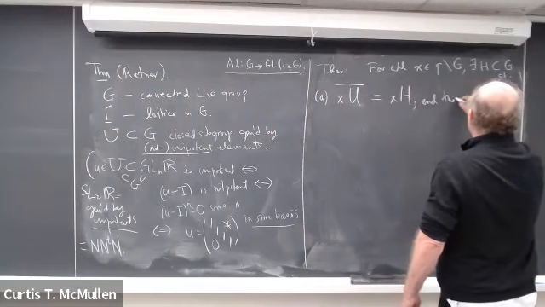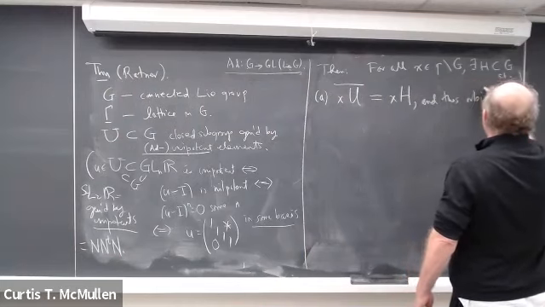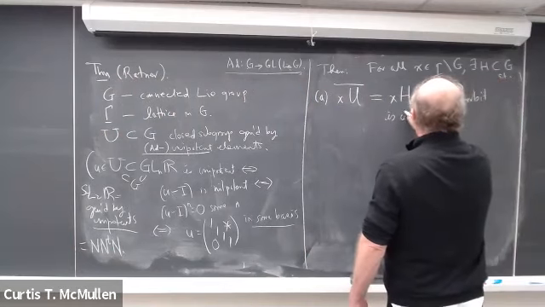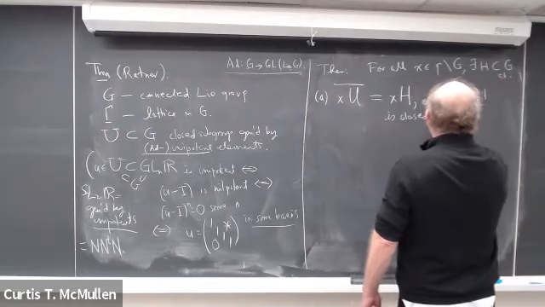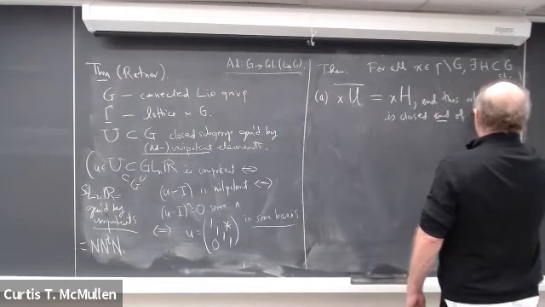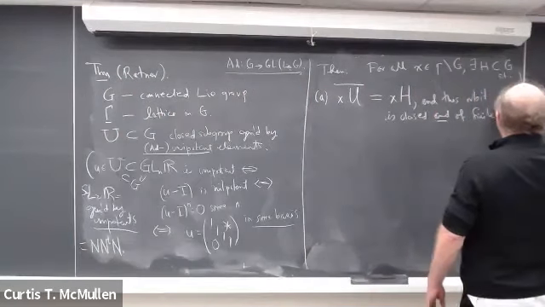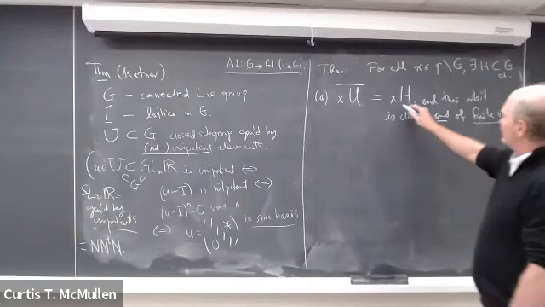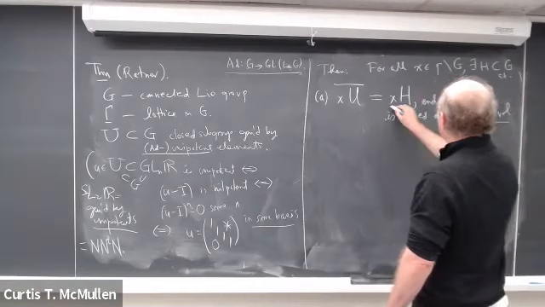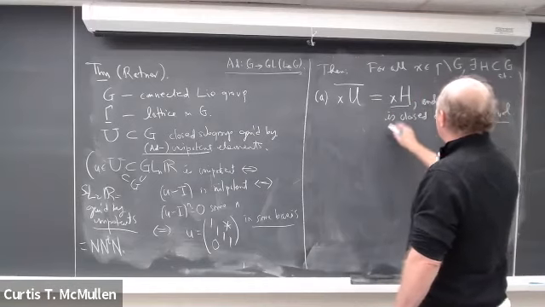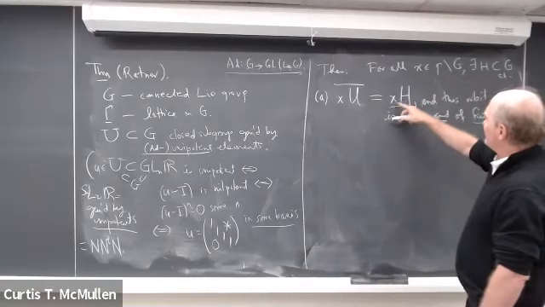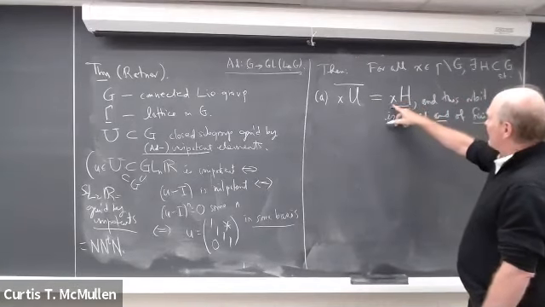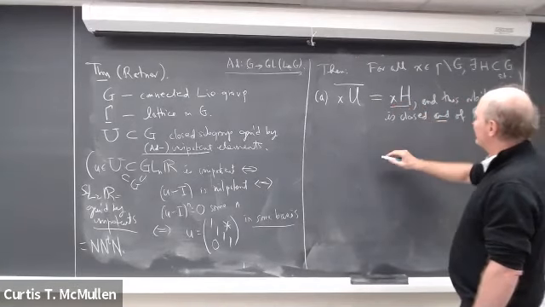And this orbit, XH, is closed and of finite volume. What does it mean that it's a finite volume? It means that if we want to figure out what this orbit really looks like, it's a homogeneous space for H, but we have to figure out what the stabilizer of X is.